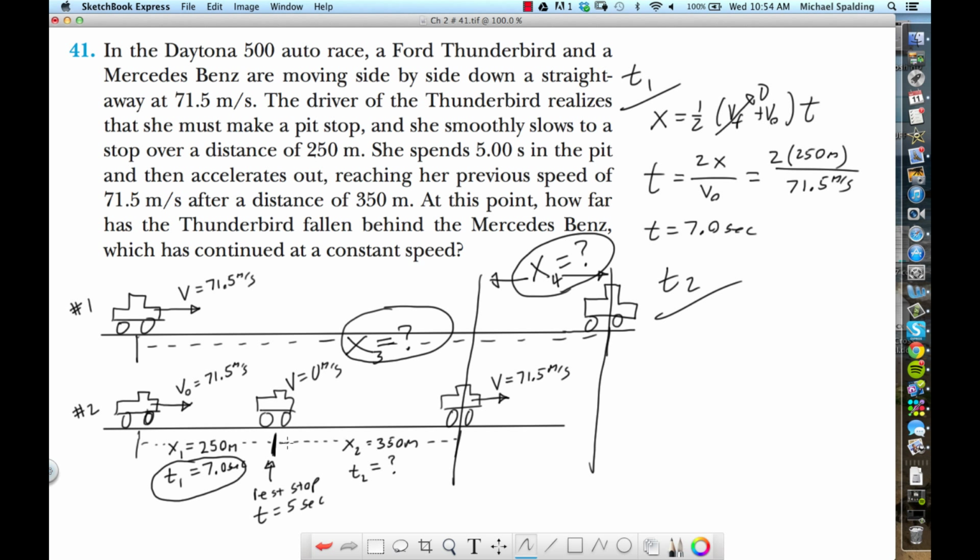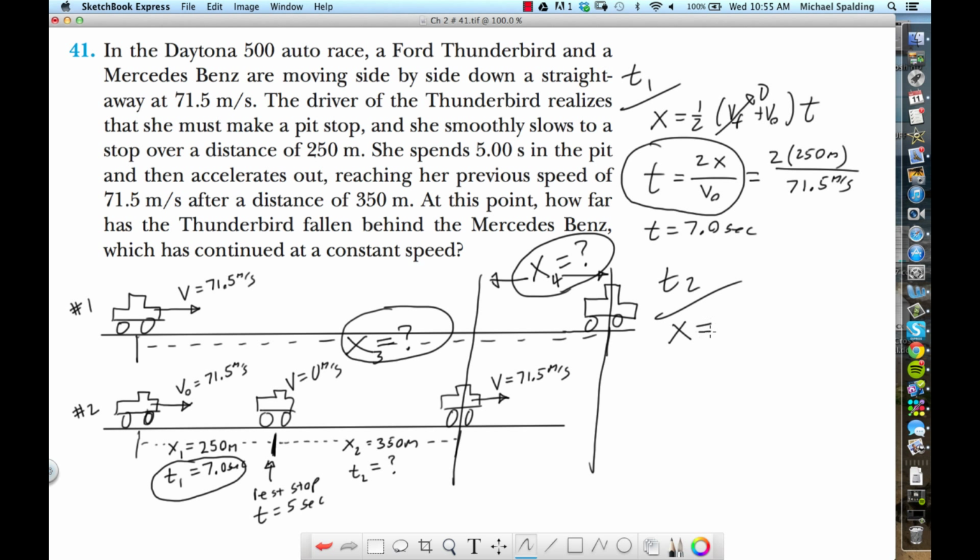Now let's find T2. How long does it take her to accelerate out of her rest stop? She starts with an initial velocity of 0, so v initial is 0, and then she ends up at 71.5 meters per second again, over a distance of 350 meters. So we can use this exact same equation, only instead of v initial, it's v final. I'll just show it again.